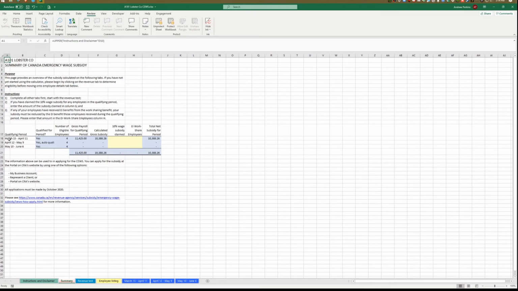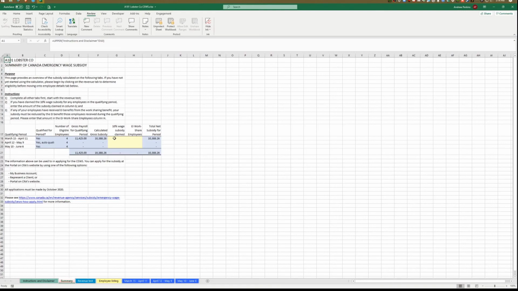What it shows us here is that from March 15th to April 11th, the entity qualified for that period. They had 4 eligible employees, paid a total gross payroll of $11,425, and there was a wage subsidy of $10,388.26.